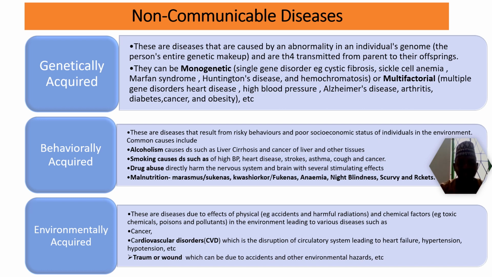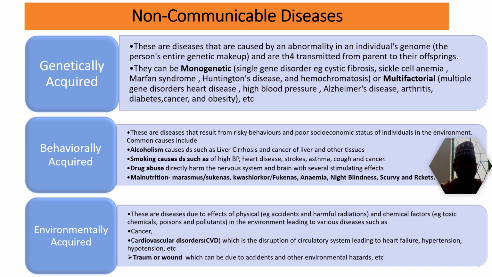maybe heavy metals in the environment that are released from some industries into the nearby river, which contaminate fishes and so on. We can also have a case of cardiovascular disorders, which is the disruption of the circulatory system, leading to heart failure, hypertension, or hypotension, and so on.